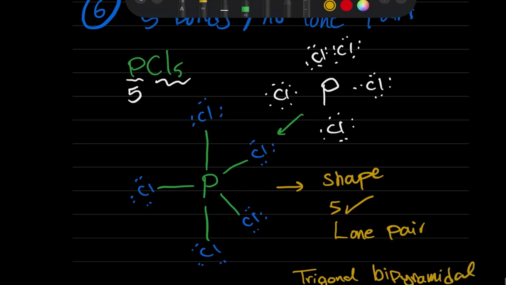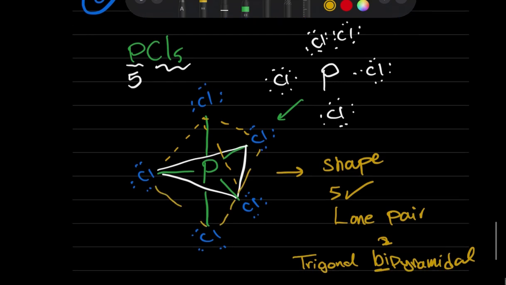Actually, it looks like a spinner in here, and we have another like a triangle in here, so that's why it's called bipyramidal. Bi here indicates 2 pyramids over each other, and they have a base of a triangle, and that's why it looks like this, if you just have an imagination about this one here.